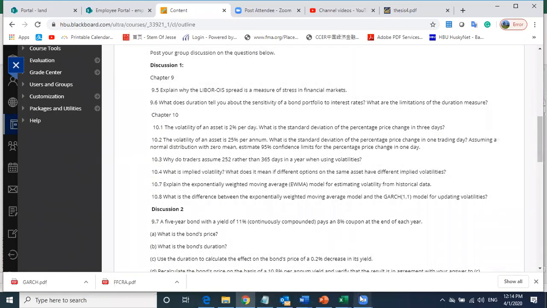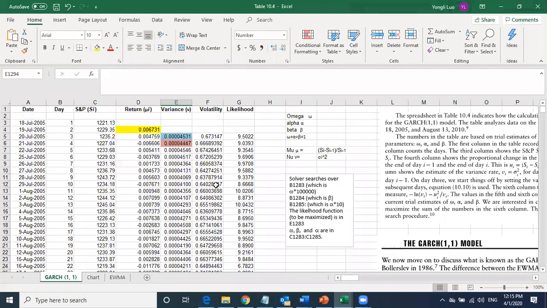Okay, to estimate using the GARCH 1,1 model, this is the date and the price, S&P 500. First you calculate the return. The return is going to be the most recent price minus the previous day's price, divided by the previous day's price.